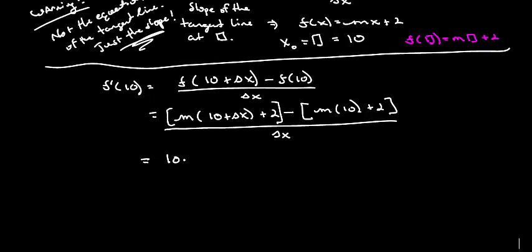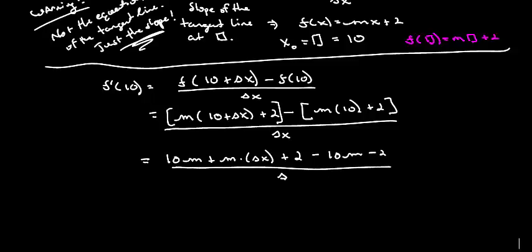So this is 10m plus m delta x plus 2 minus 10m minus 2, all over delta x.